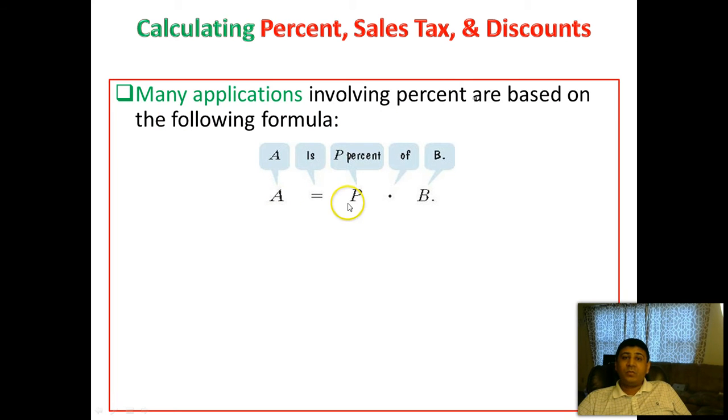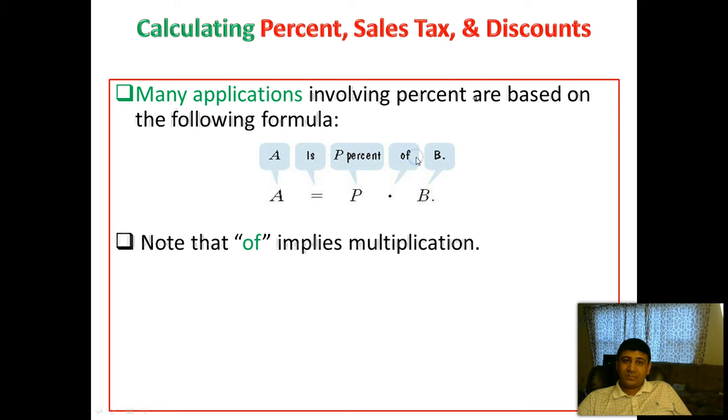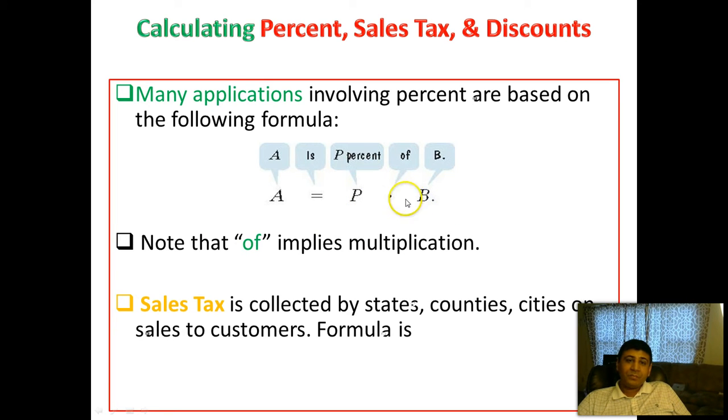The formula is A equals P times B. Translated, amount A is equal to P percent of B. The "of" here implies multiplication, so P multiplied by B.